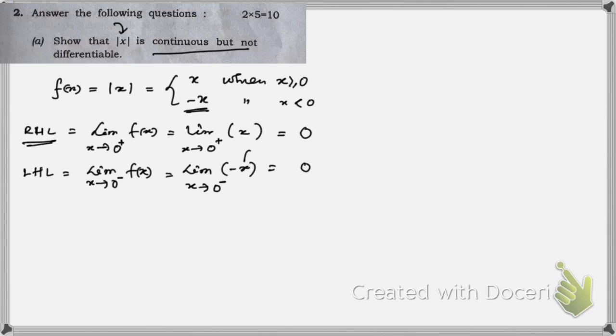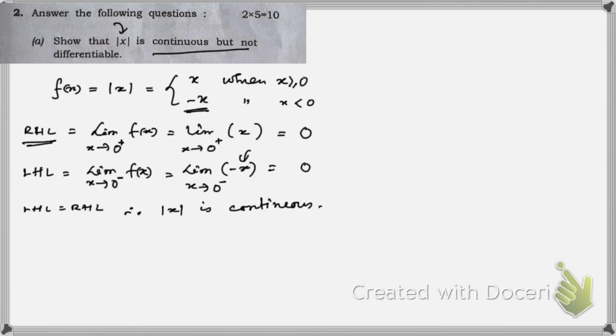If you put 0 here, this minus sign is no longer significant, so that's why we have got 0. As we have got left hand limit equal to right hand limit, we can say therefore this mod of x is continuous, right? It is continuous. Now let us check the differentiability.